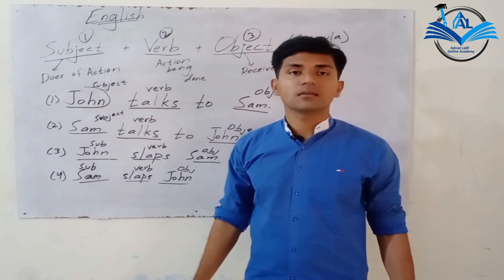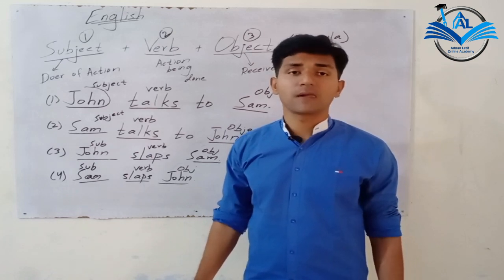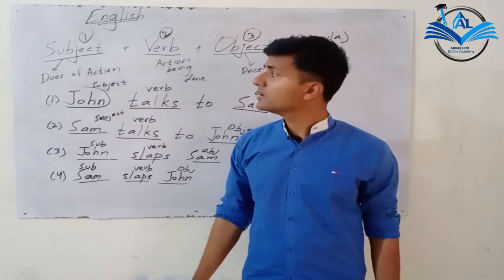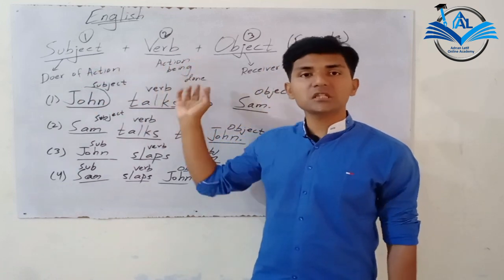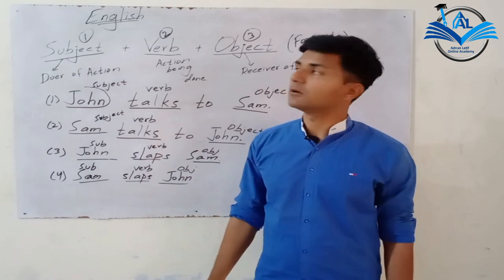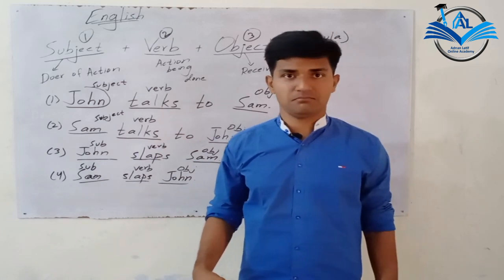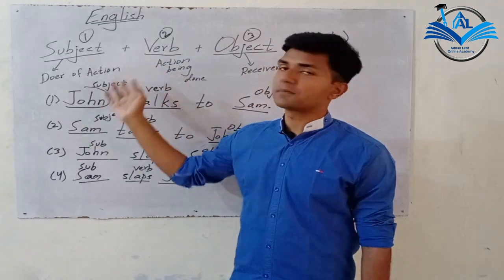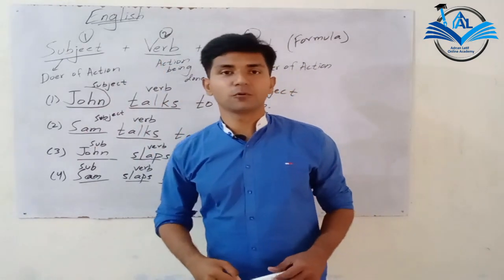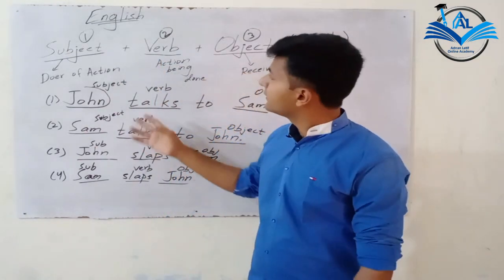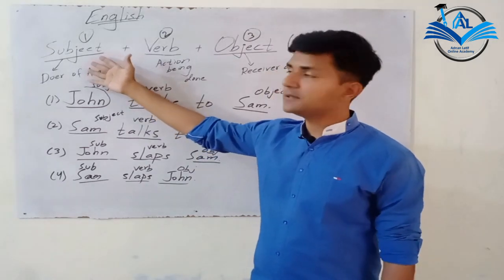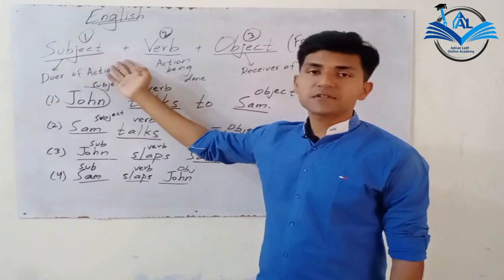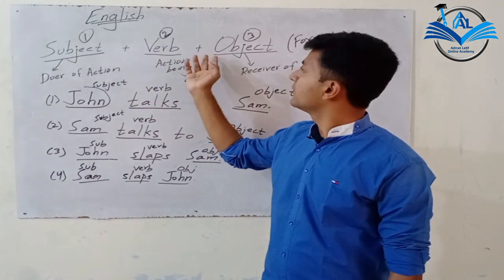A person or a thing that performs the action is called subject, the person on whom the action is done is object, and the action which is being done is verb. I hope you all have easily understood the difference between subject, verb and object.